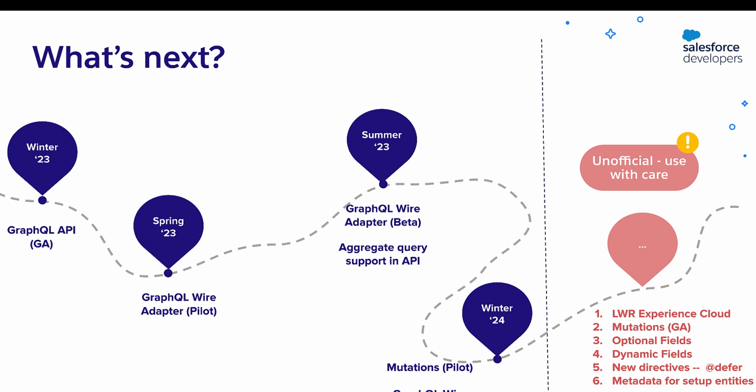So use this with care because it's not official, but I think what will be coming next should be the support for Experience Cloud, which would be very nice. Support for mutations, which means not only can you query the data today, but you will be able to update the data, right? There will be support for optional fields, for dynamic fields. There will be new directives, like the defer directive, and some support from metadata for setup entities.